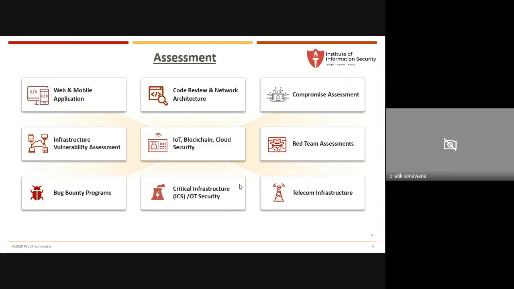Code review and network architecture. So code review here, many of you are from the IT and CS background, who may go ahead and become developers for certain applications or would be developing your own applications. What you will be doing is analyzing the code developed by the developer from a security aspect.